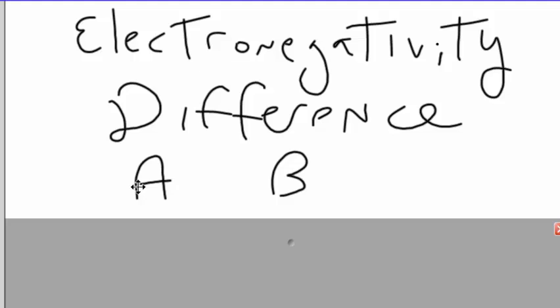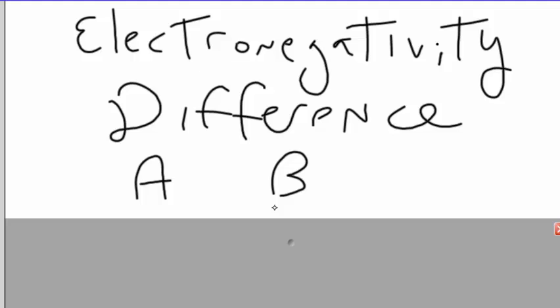If atom A and atom B have a very small electronegativity difference, then the electrons don't really care whether they're over here with atom A or over here with atom B.